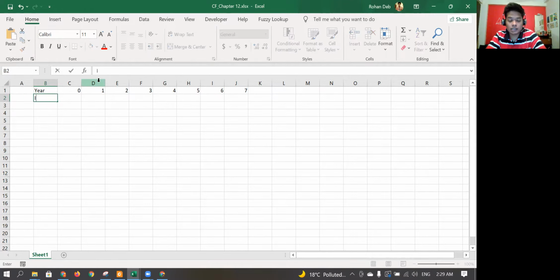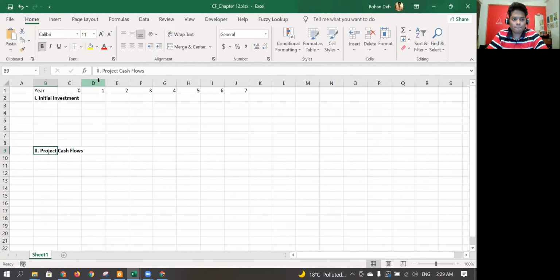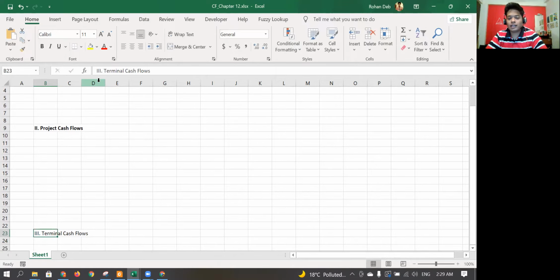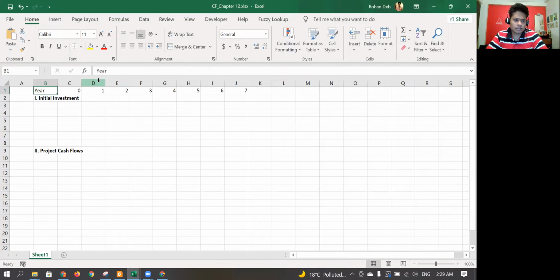First heading is initial investment. Then is my project cash flows. Lastly will be my terminal cash flow. Right now I don't know how many lines I will need, so that's why I'm keeping a lot of space. Later we can delete those lines.